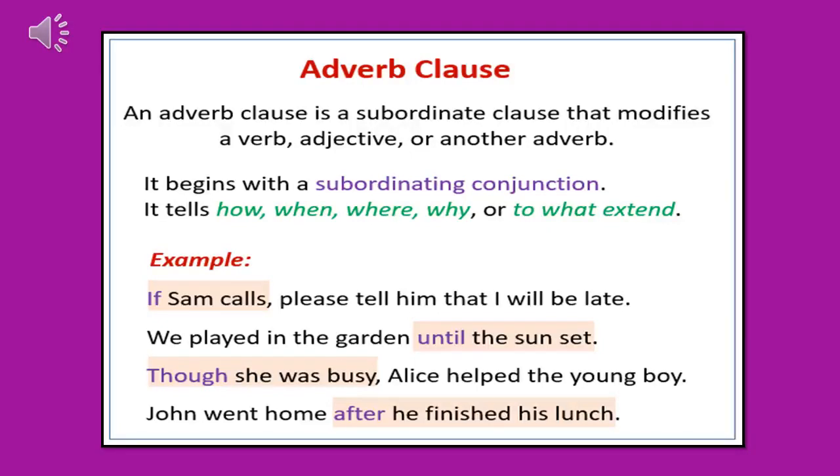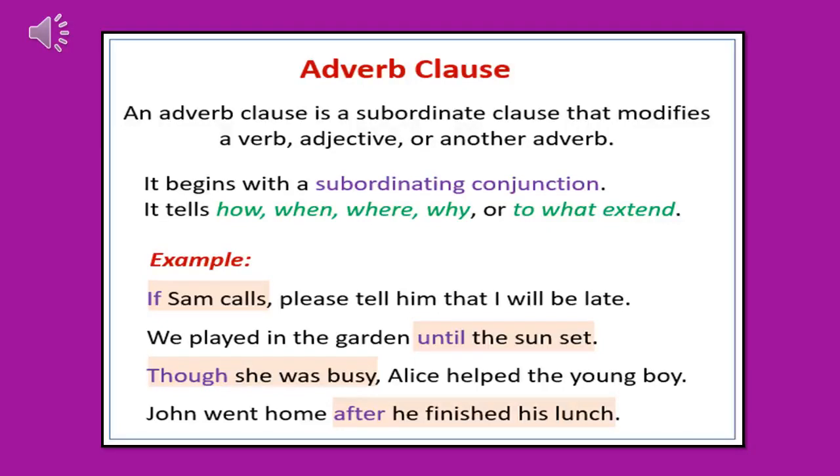For example, she bagged the job because she pursued it with determination. In the sentence, because she pursued it with determination tells us why she bagged the job, as it is imparting information about the act of getting a job.